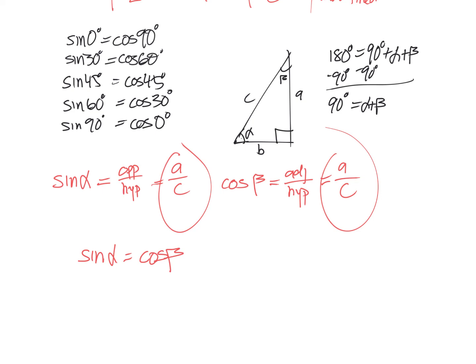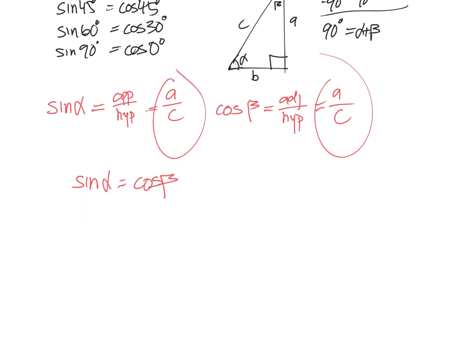So in fact, what we have here is that these are called cofunctions because of this relationship between their complementary angles. And so we have a bunch of cofunction relations.